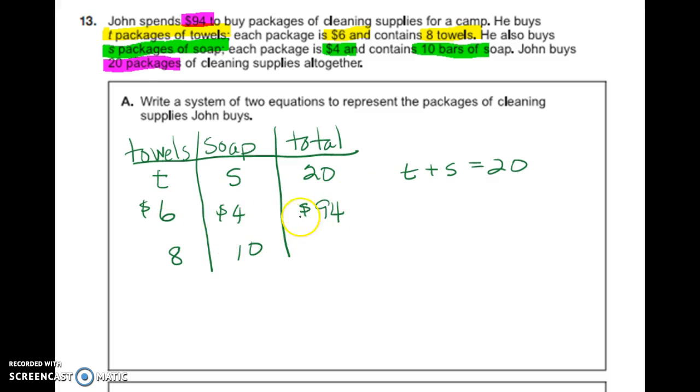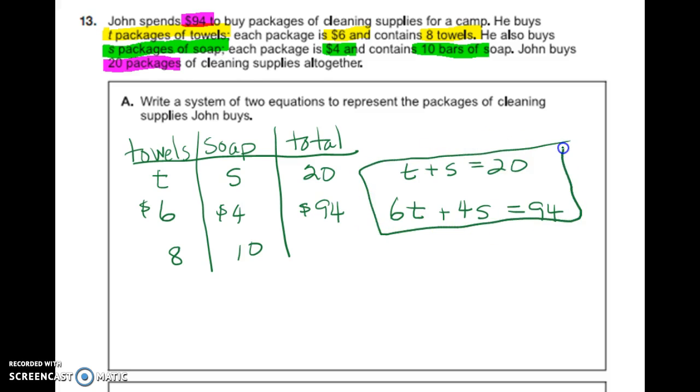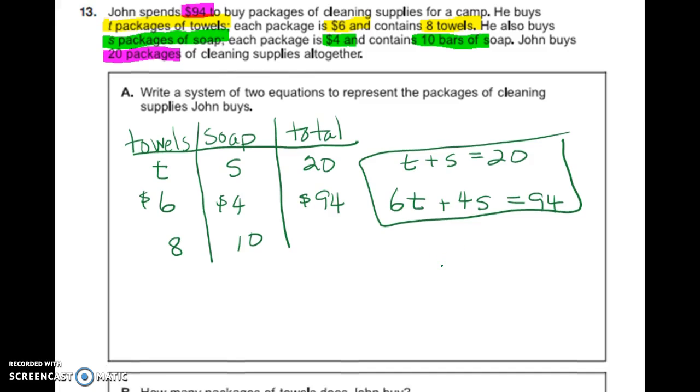My next equation has to combine my money. So $6 per package of towels times the towels plus 4 times the packages of soap has to equal my $94. And those are my 2 equations. Not too tough, but setting things up in an organized fashion will help you come to the correct solution.